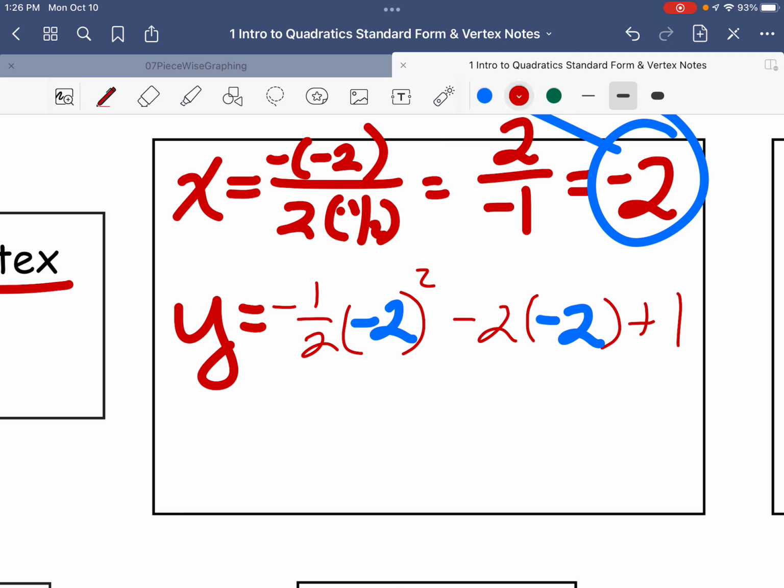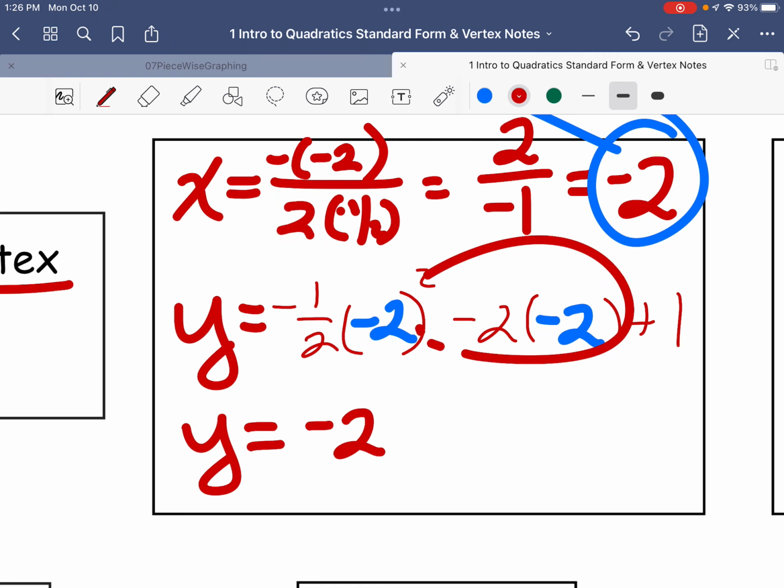I first want to recognize that it gets plugged in 2 places. And then I definitely want to carefully compute this, most likely on your calculator. You can break it into some steps if you want, or you could just type it in straight from beginning to end. If you do the order of operations, you want to do the exponent first, which is going to come out to be positive 4, and positive 4 times negative 1/2 is negative 2.